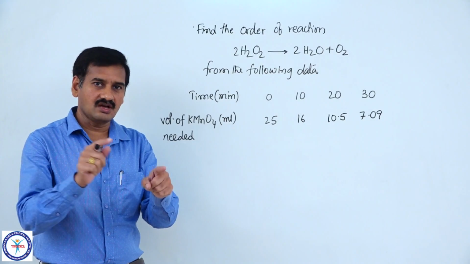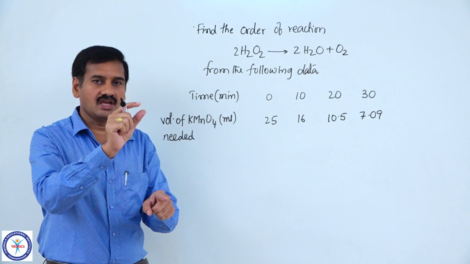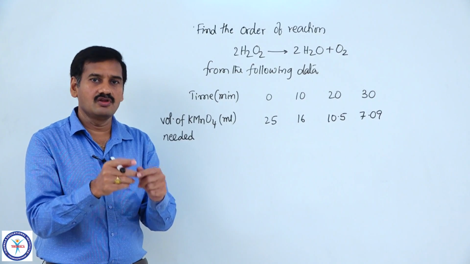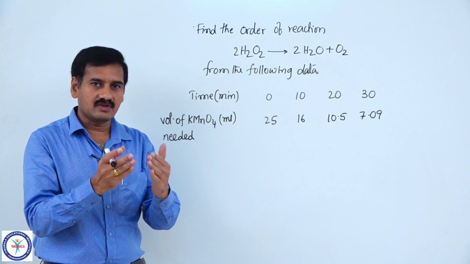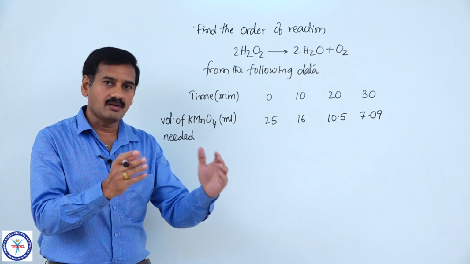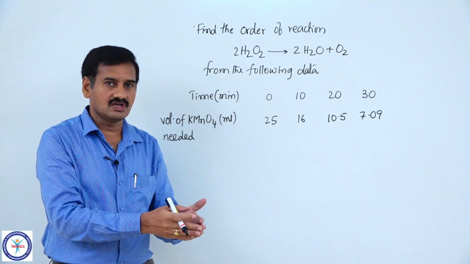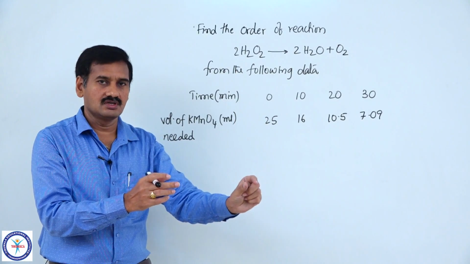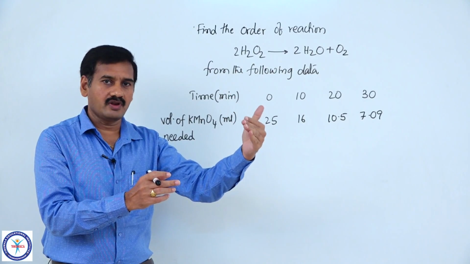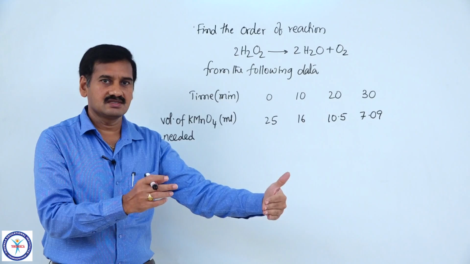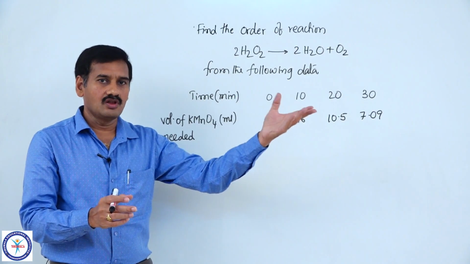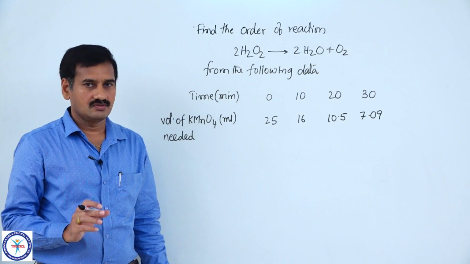After dissociation of some amount, you are titrating with KMnO4 solution, so obviously less volume of KMnO4 is required. From 10 minute to 20 minute, again some more H2O2 is dissociated, so only the remaining molecules are titrated with KMnO4 solution. Again the volume of KMnO4 required is further less. Similarly, from 20 minute to 30 minute the volume of KMnO4 is also reduced.